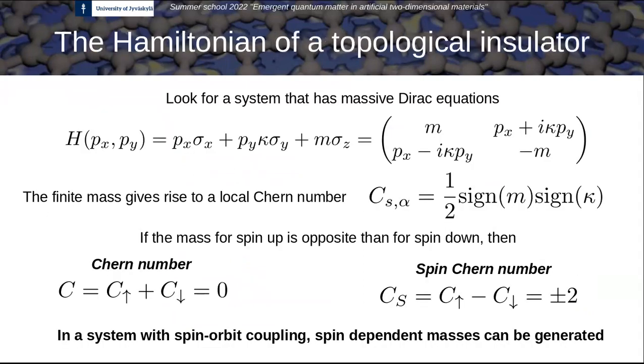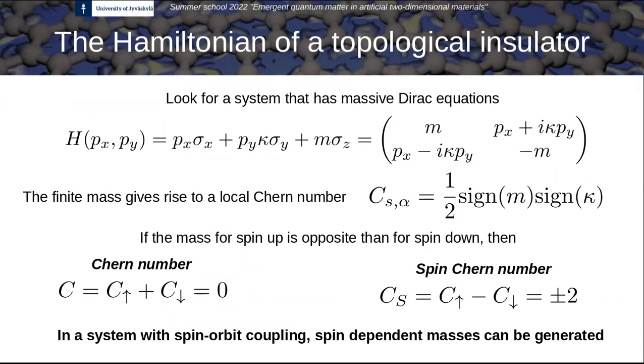So the idea is that for the Dirac equation, you essentially have that the Chern number of each valley depends on the sign of the mass in that valley, and also on the sign of this K here that essentially tells you if you belong to one valley or to the other valley.